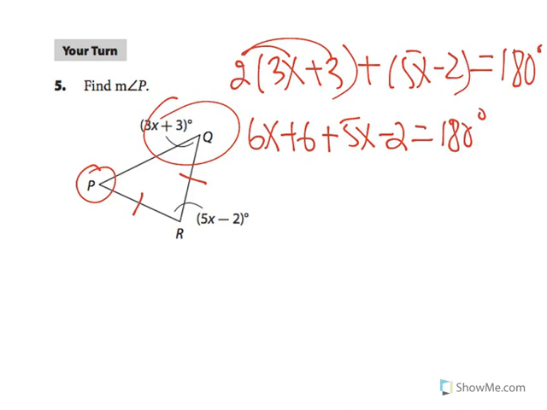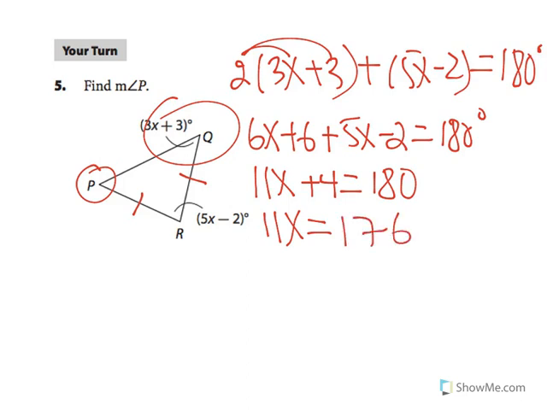Combining like terms, we have 11x plus 4 equal to 180. 11x equals 180 minus 4, which gives us 176. Divide by 11 on both sides. So x is 16.